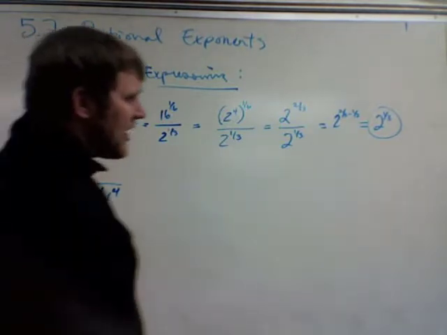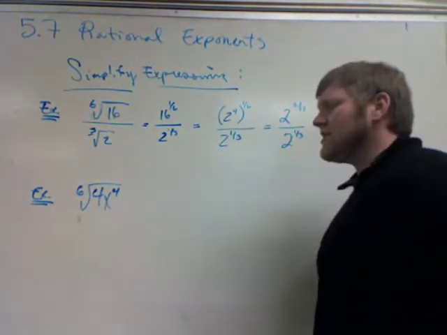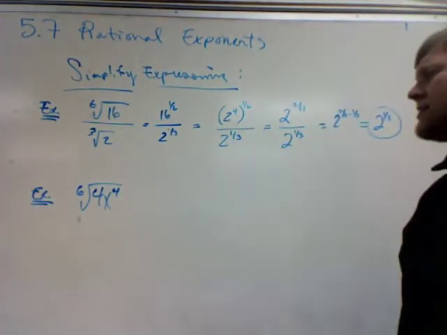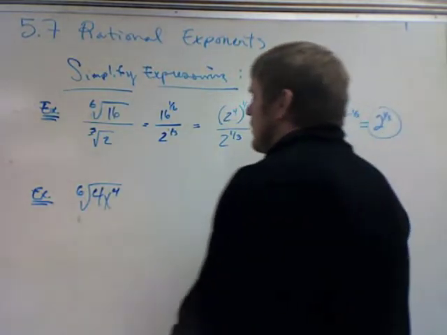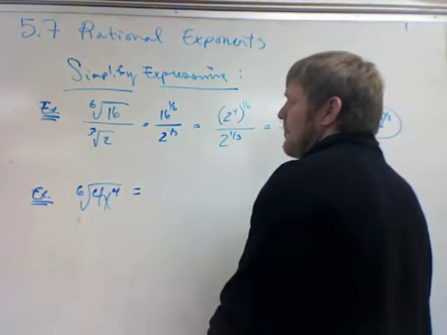Similarly, with the next one, I want to simplify it as well. So I have the 6th root of 4x to the 4th. My suggestion here is that we split this up.